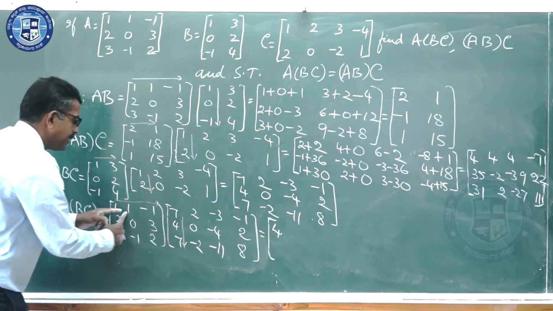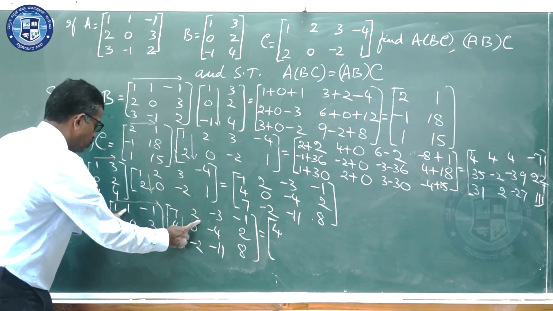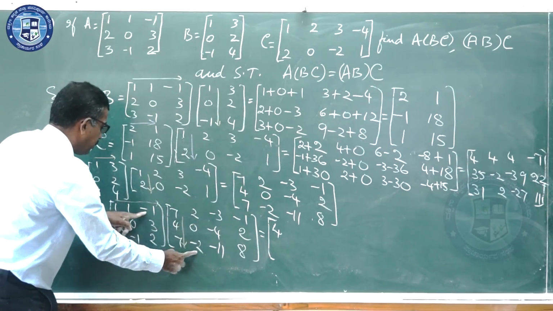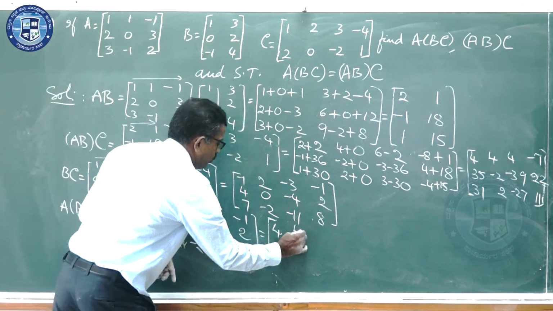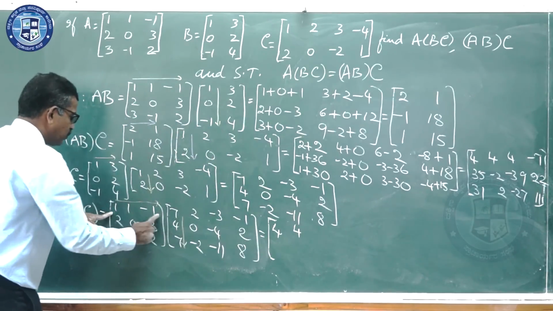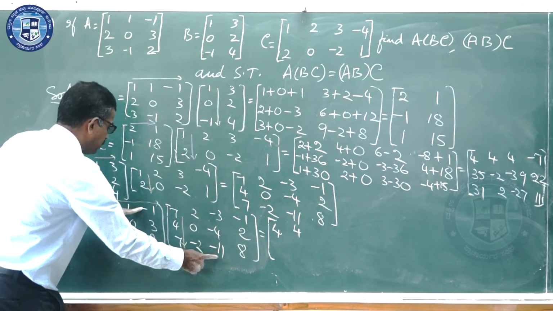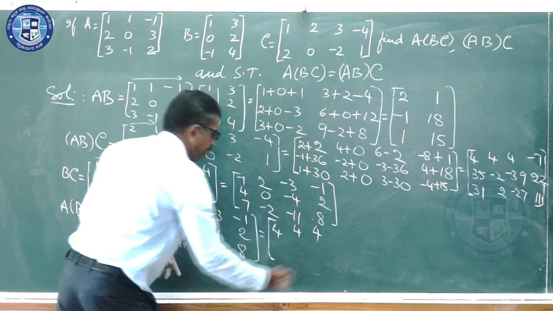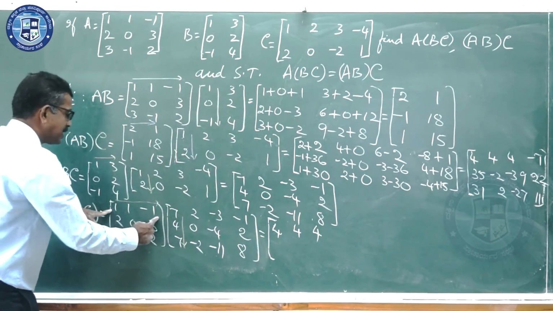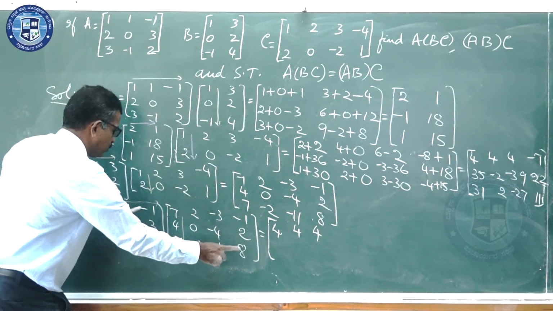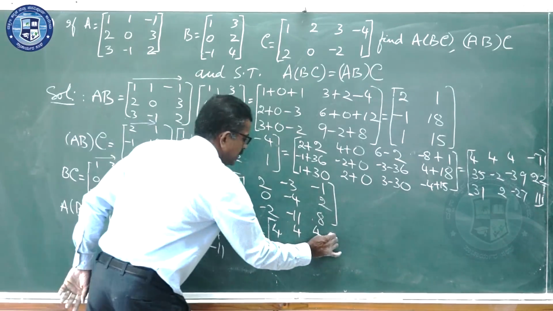Next here, 1 into 2, sorry, just first one. So first row with the second column, it is 2 minus of minus 2, that will be 4. The next one here, it is minus 3, minus 4, minus 7, plus 11 will be 4 once again. And then we have here this into this one, it is minus 1 plus 2, it is plus 1, plus 1 minus 8 is minus 7.